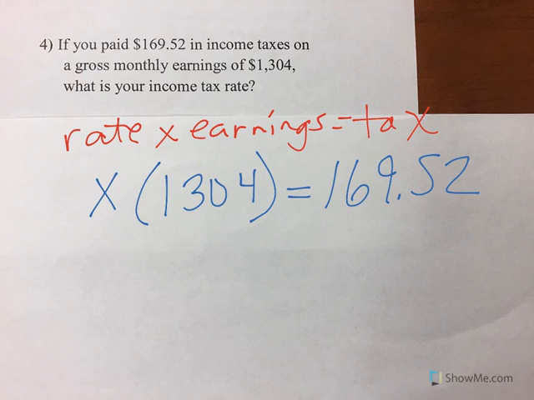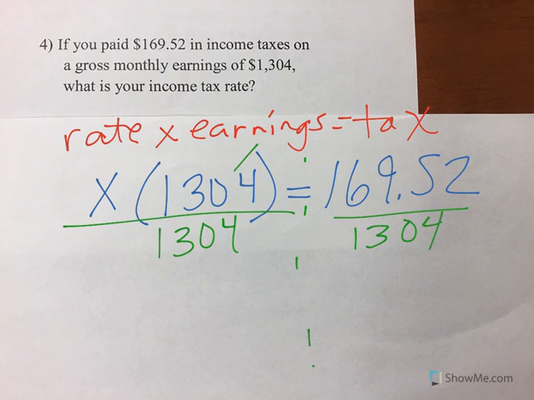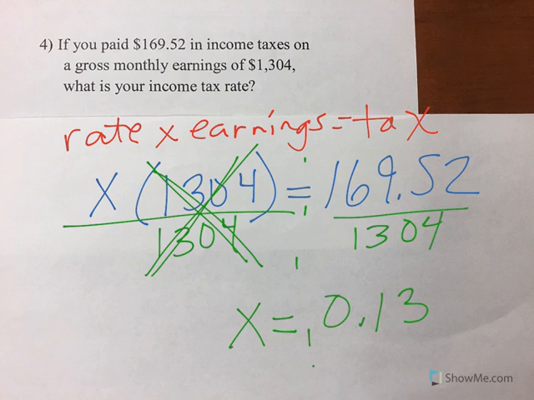So part of this is if you can understand what the question is asking in words, it makes the math a little bit easier. So again, we divide by whatever is touching x, which is the 1,304, because now that becomes 1. I have 1x equals 0.13. Well, we need to change that to a percent, so we multiply by 100%, and that gives me a 13% tax rate.